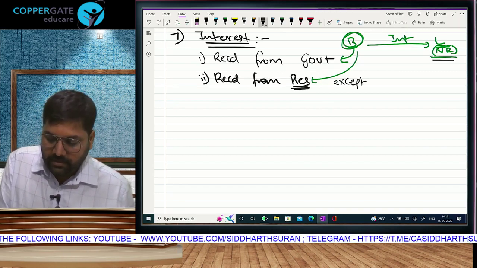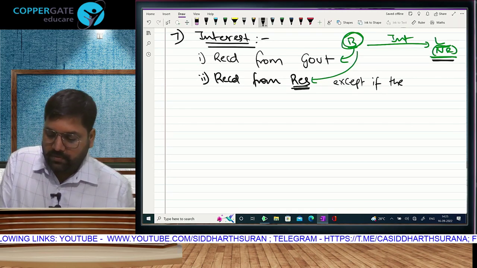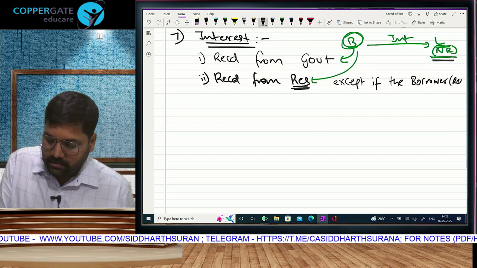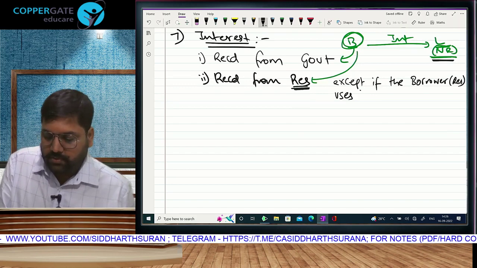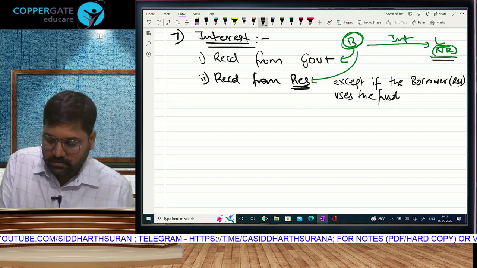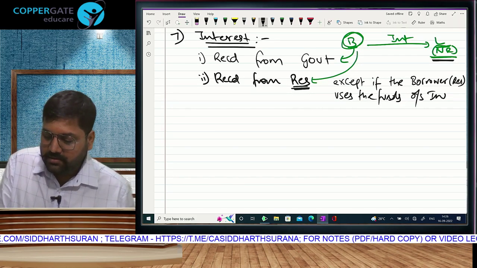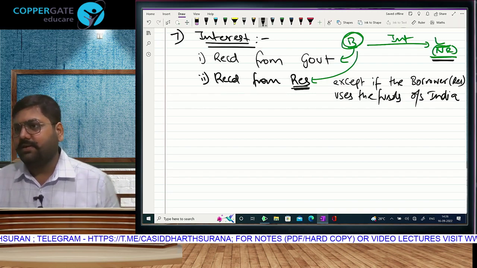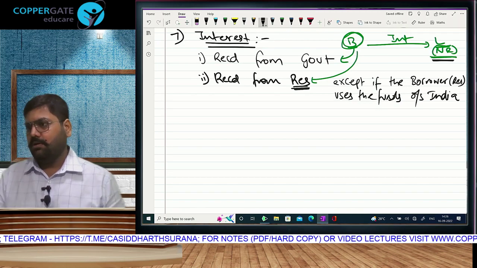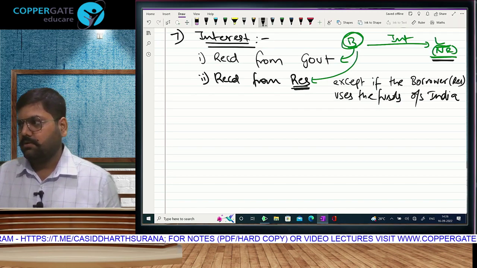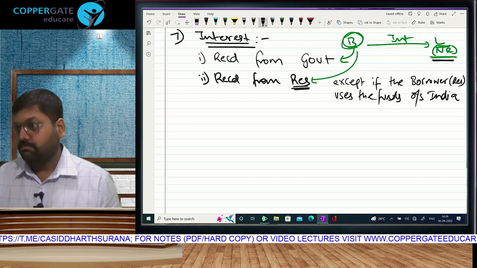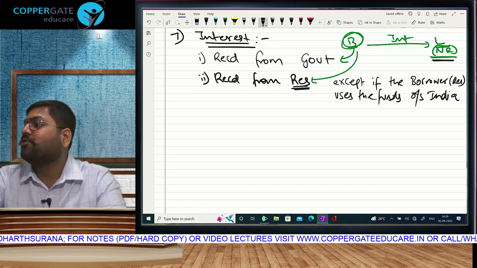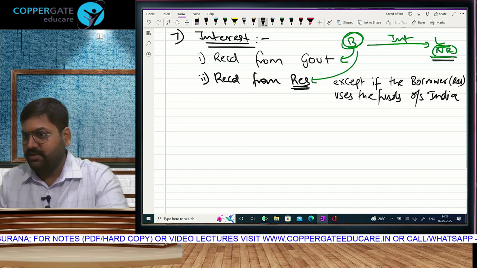Except if the borrower, who is a resident, uses the funds outside India. In normal circumstances, any interest received from a resident is Indian income. But if he is using the funds outside India, that means the place of utilization of funds becomes outside India.